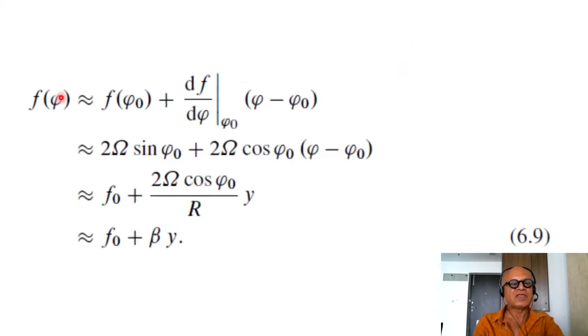Okay, we end up simplifying it as f at the equator plus the gradient in the latitudinal direction and the latitudinal difference. So this is basically f0 plus df/dphi. Because f is only a function of latitude, we can write this as the total derivative at phi 0 times delta phi, phi minus phi 0, which you can expand in terms of 2 omega sine phi 0 and write f at any latitude phi as f0 at the equator plus beta y.